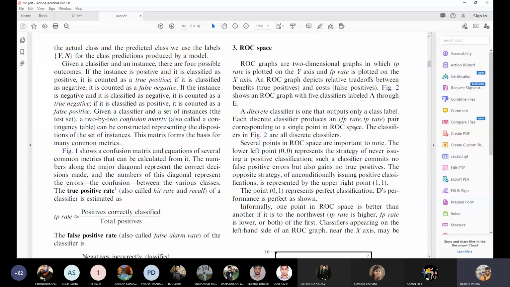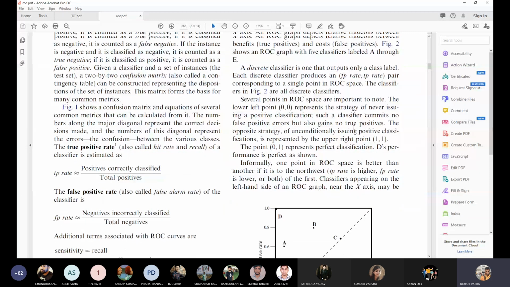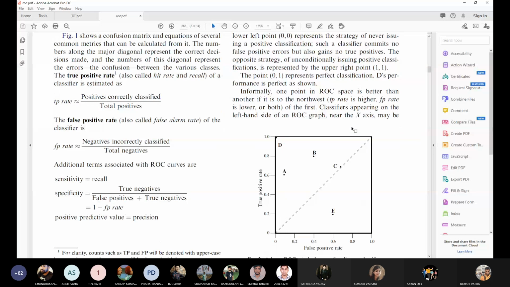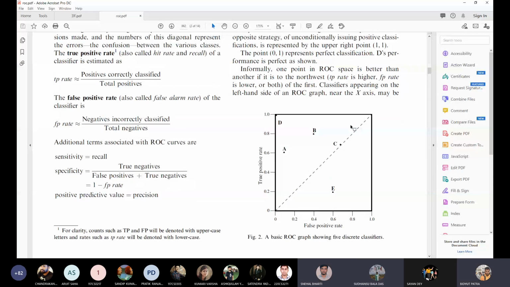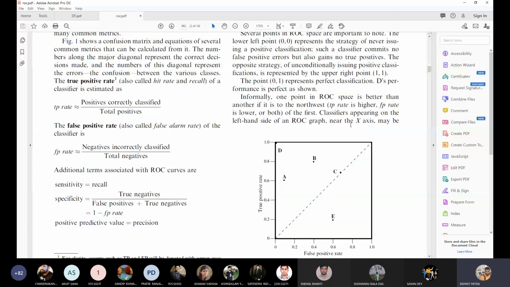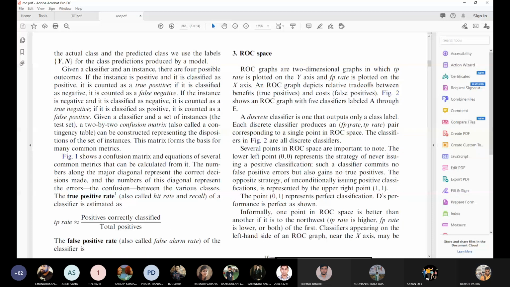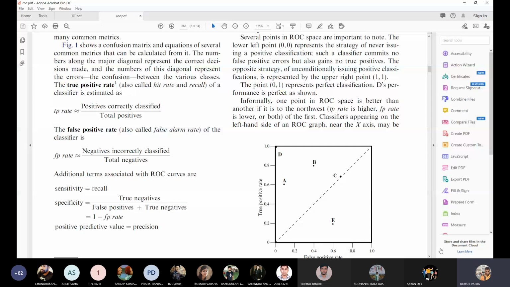Should I stop or should I proceed? I will start the ROC curve and so on next time. Is it okay? Yes, sir. Sure. I have some other work, so I am leaving a little early. Yes. Go ahead. Who was asking a question?